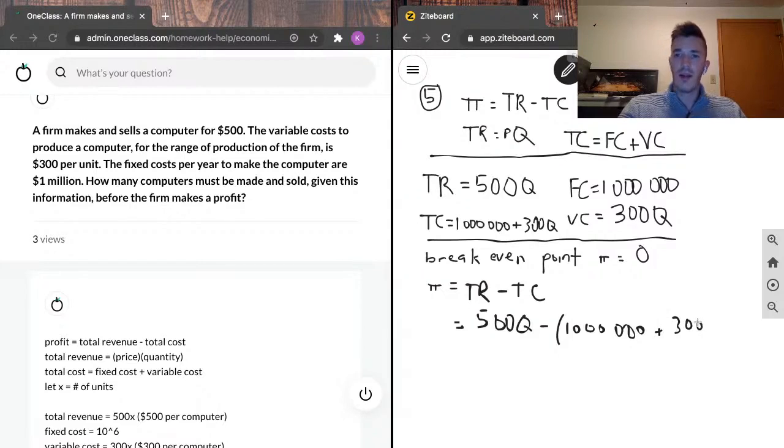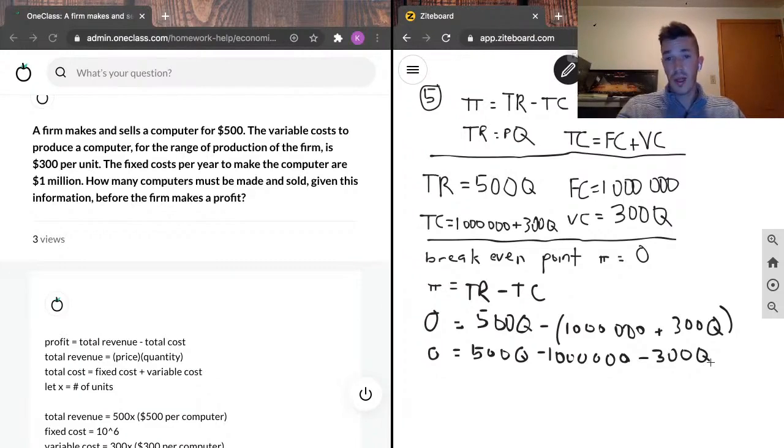Of course, 300Q is our variable cost. And we said they break even when profits are 0, so we're going to set profits equal to 0. Next, we're going to distribute that minus sign. So we've still got our 500Q. Distributing the minus on the first term, we get minus 1 million, and distributing into the second term, plus 300Q turns into a minus 300Q.